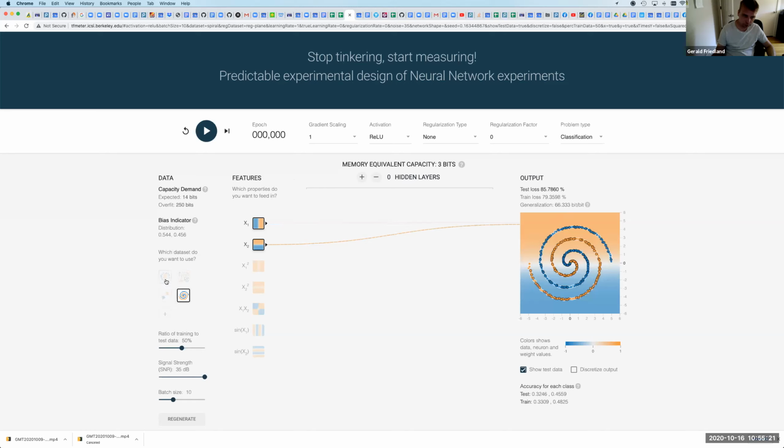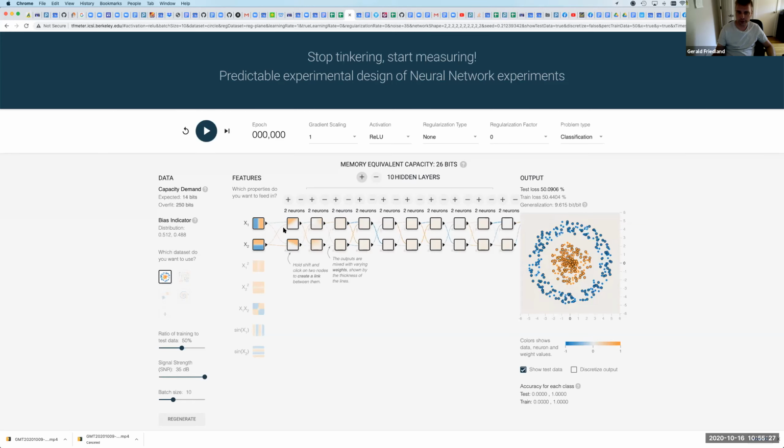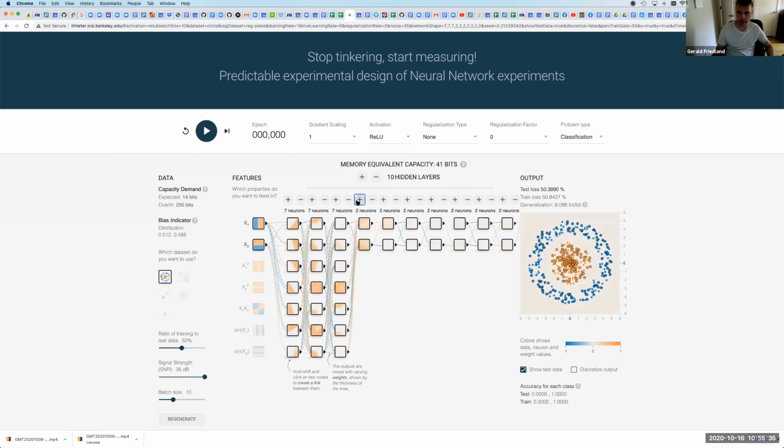For example, let's use this one, is when you add a lot of layers, right? So this tool allows you to add a lot of layers. Okay. Oh my God, this is so much work.